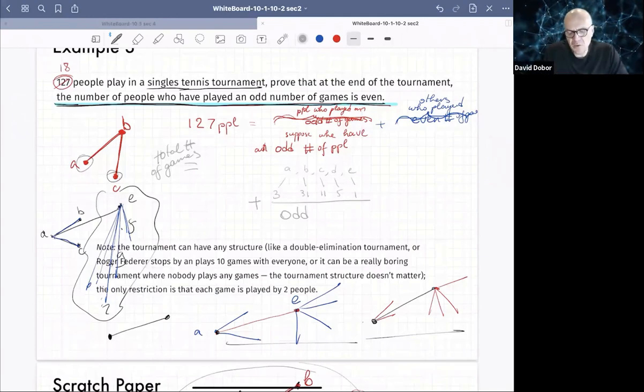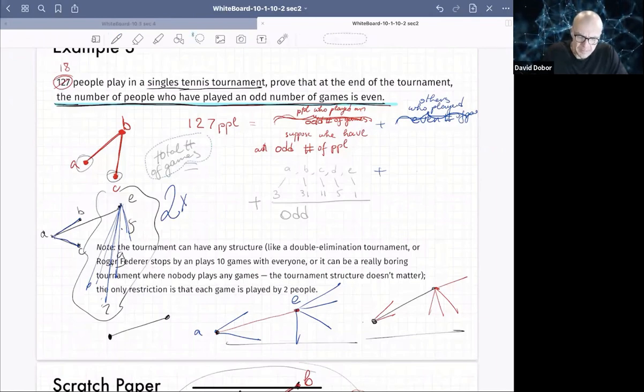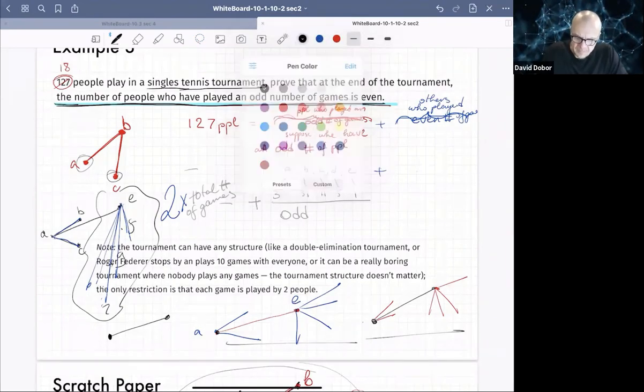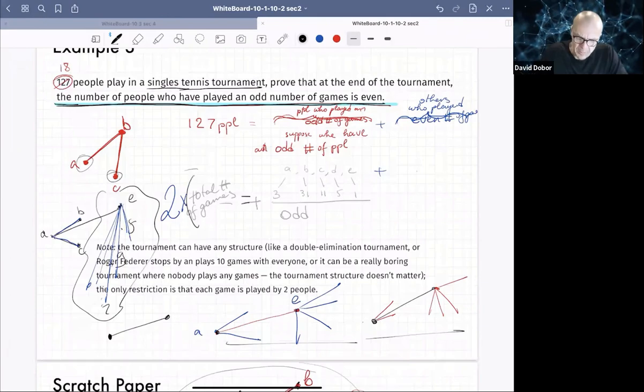Because when I add those numbers up with the blue ones, twice the total number of games is going to equal this odd number, the gray odd number, plus the blue number.